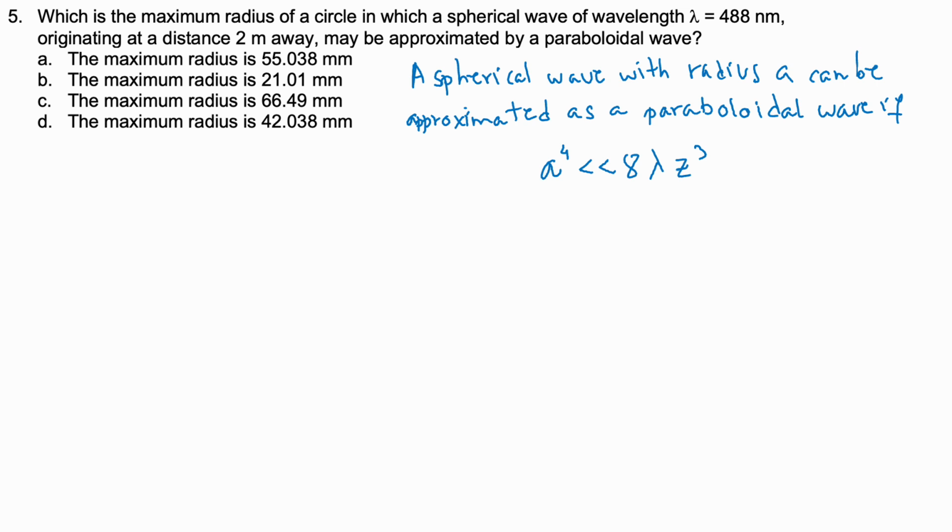So remember, a is the radius and z is the axial distance.